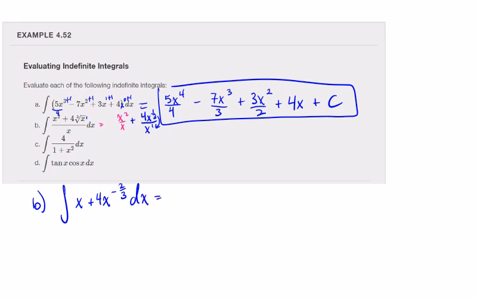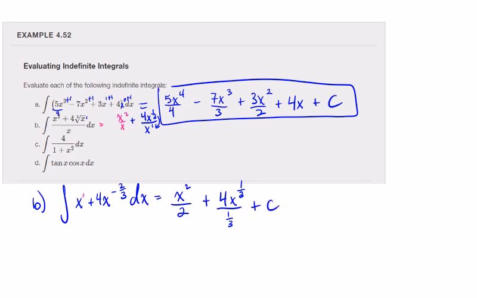Here, remember there's an invisible 1, so that's going to be x squared, and then I divide by 2, the exponent. For this next one, I have 4x. I add 1 to negative 2/3, which is positive 1/3, and then divide by 1/3, and dividing by 1/3 is the same as multiplying by 3. So I'll really just multiply the 4 by the 3.